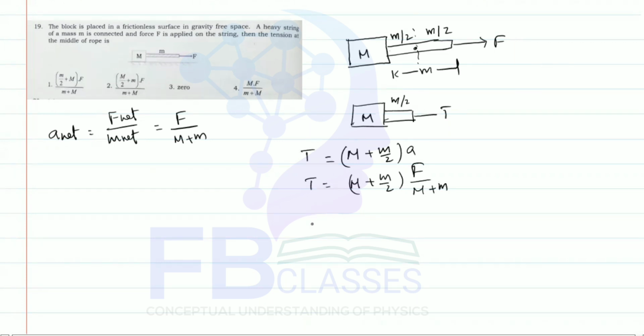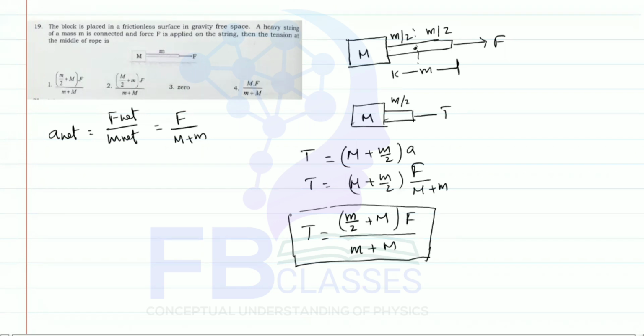Now if you simplify this equation, T is equal to (small m by 2 plus capital M) upon (small m plus capital M), into capital F. So this is the required answer. So our correct option is the first option.